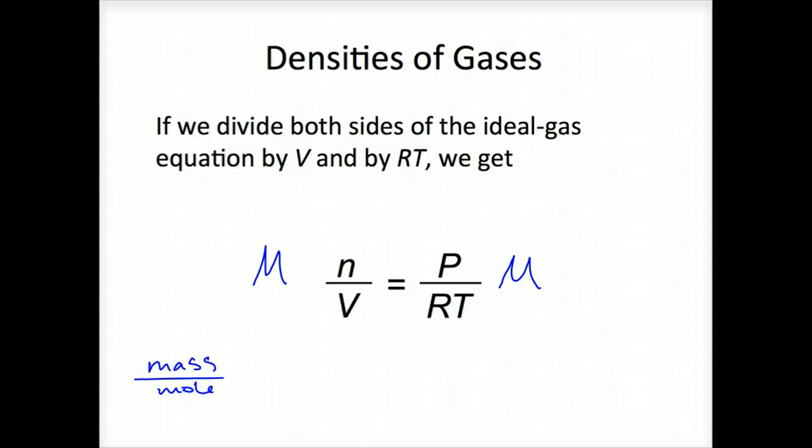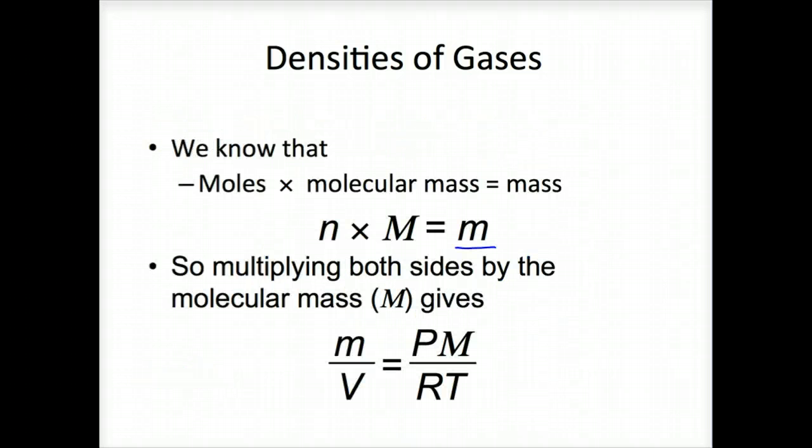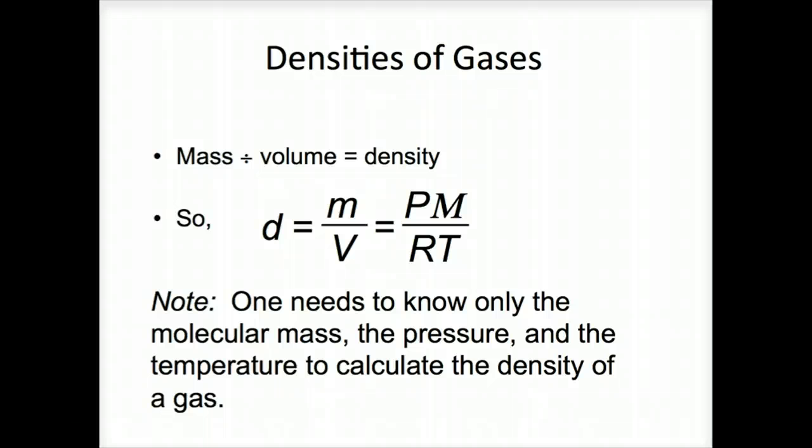So my mole cancels, and I'm left with mass over volume, density, and I end up with pressure, molar mass, my gas law constant, and temperature. So I can rewrite it: mass divided by volume is density.